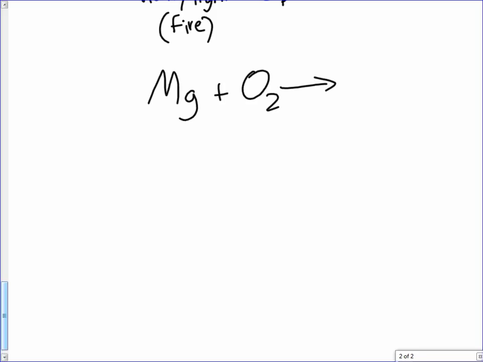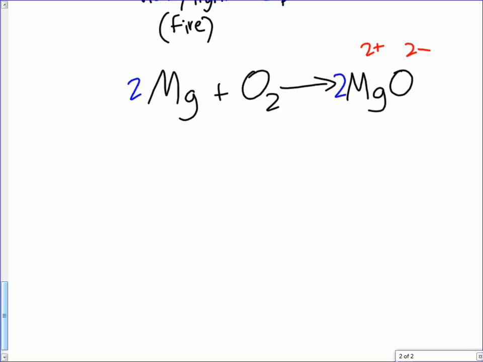But anyway, if you see that something's being added to oxygen, you know it's combustion. Combustion is the answer there. So, when you add those together, you're just going to get MgO. And like we found out earlier, no subscripts needed. We do need to balance though. So there's one example of a combustion reaction.